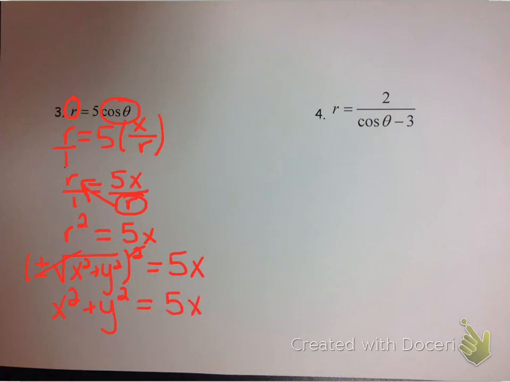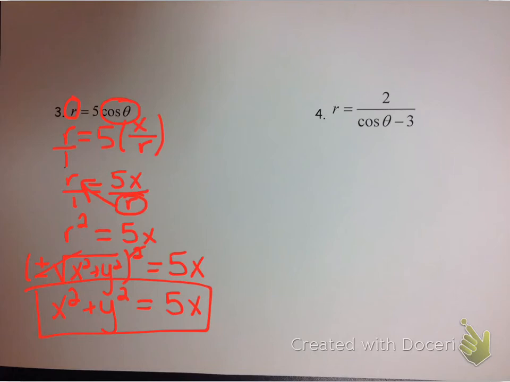Now this is still the equation for a circle. Once again, we will get into that later in the unit. It is just a circle that is not centered at the origin, but we have met our goals. We got rid of the r, we got rid of the theta, and we did a little bit of simplifying, and we are perfectly willing to leave it just like that.